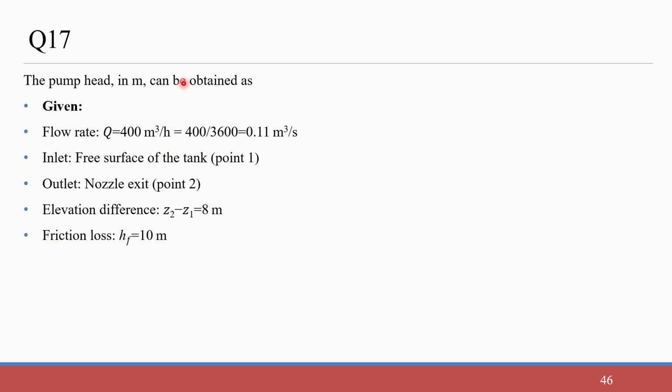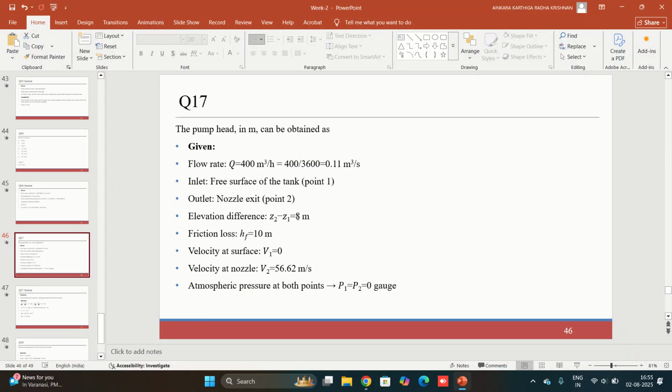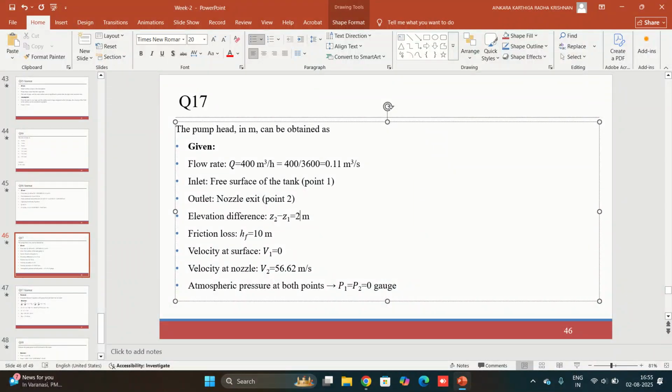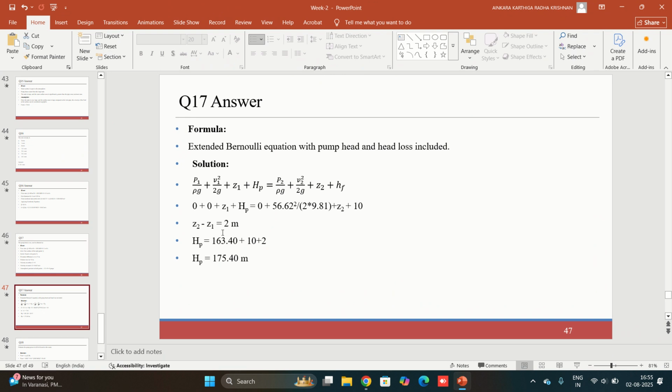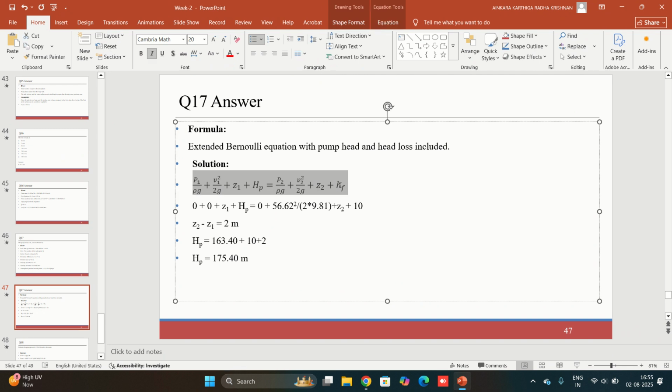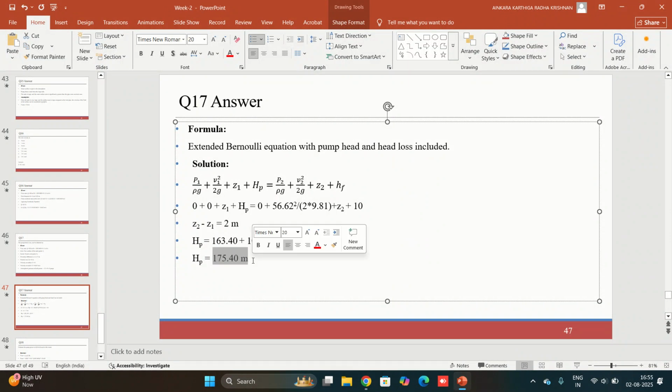So Z2 minus Z1 elevation difference, again here it is 2 meters, it is not 6 meters. So V1 is this, V2 is this, P1, P2 is gauge pressure, and we are substituting Z2 minus Z1 as 2 meters, and everything else is the same as how we did before. Only thing is Z2 minus Z1 is 2 meters. It is not 6. We should not consider the 6 meters below the water surface. HP is 163.4 plus 10 plus 2 and it is 175.4 meters. So that is the right answer.